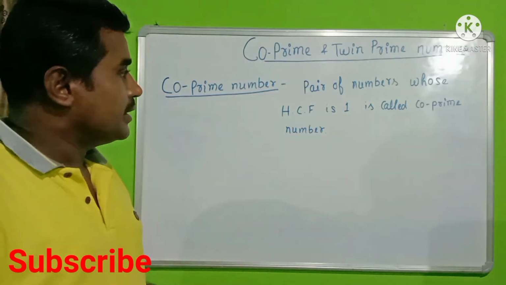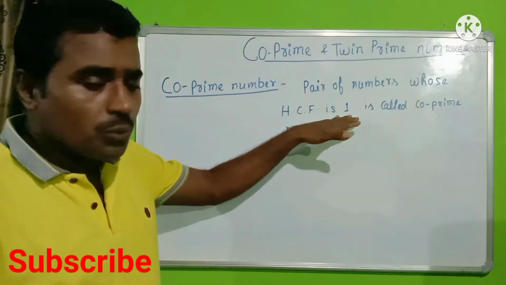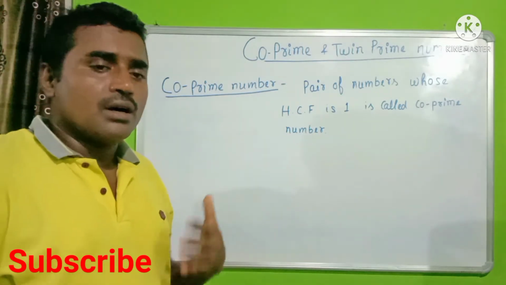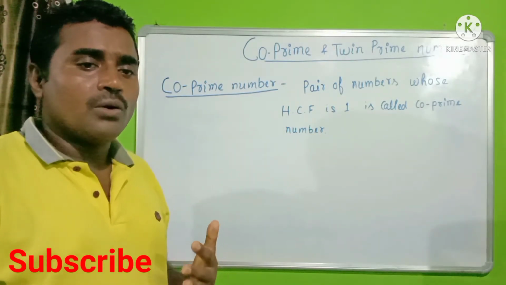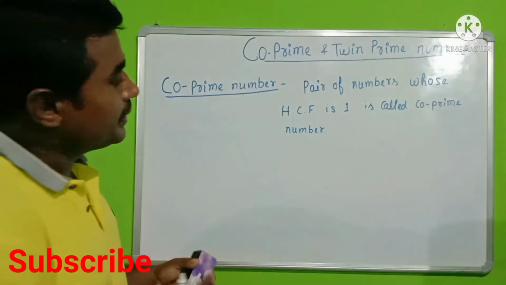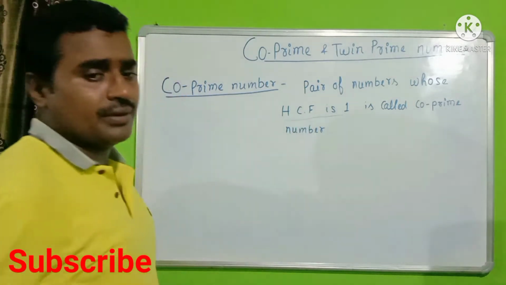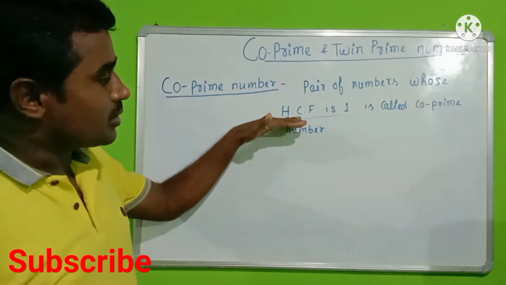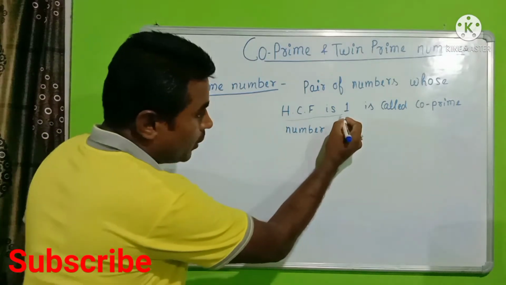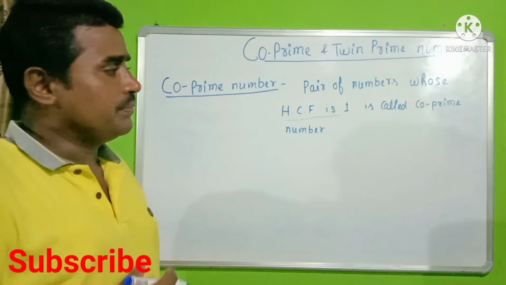I repeat the line again. Pair of numbers whose HCF is 1 is called coprime number. For the given pair of numbers, whether they are coprime or not, what we do? First we find the HCF. HCF means highest common factor. If the HCF is 1, then we say that our given pair of numbers is coprime.